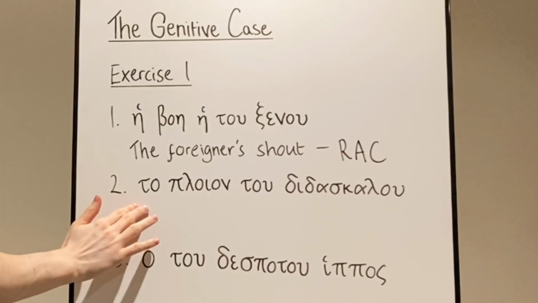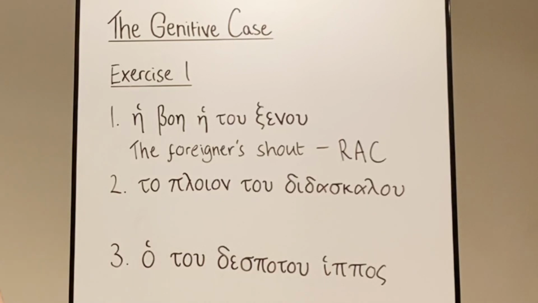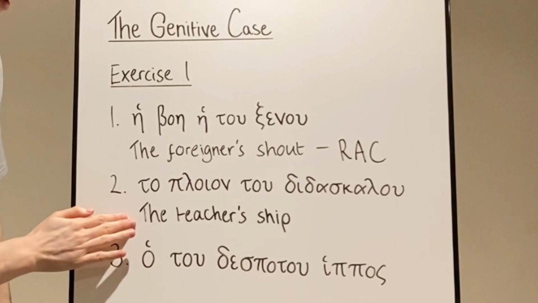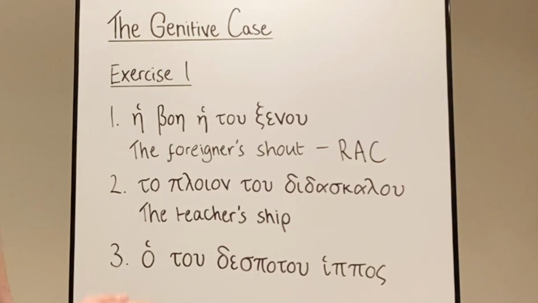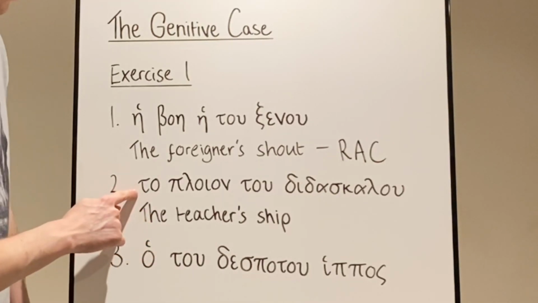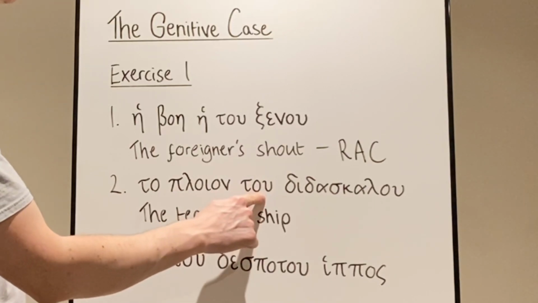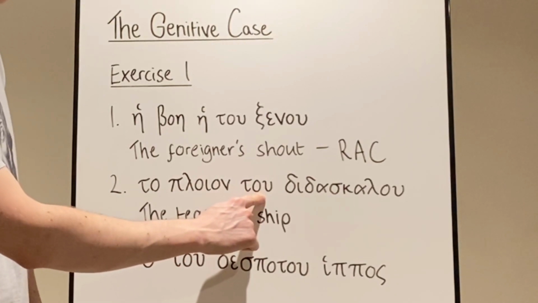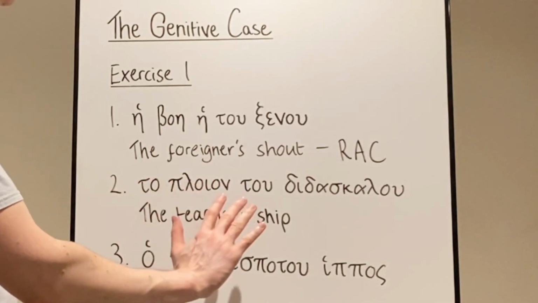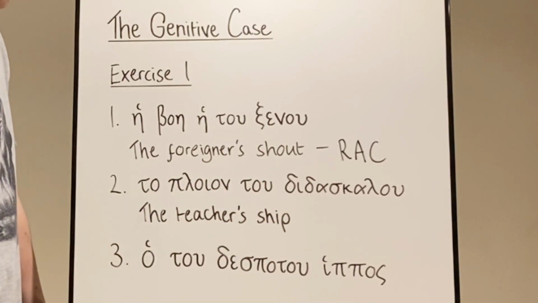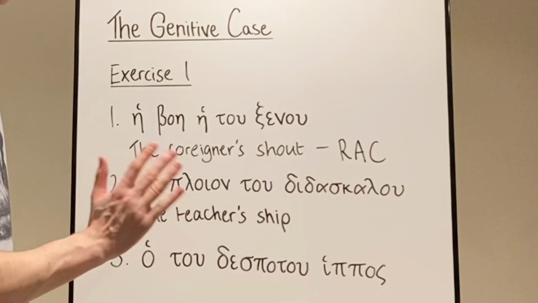Okay, the second one was to ploion tou didaskalou. In natural English, this would be the teacher's ship. And you can see that we've got the neuter nominative singular definite article here and the masculine genitive singular definite article here. We haven't got any definite article that is repeated, and we haven't got any definite articles side by side.